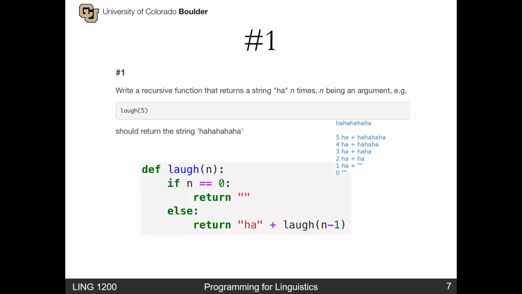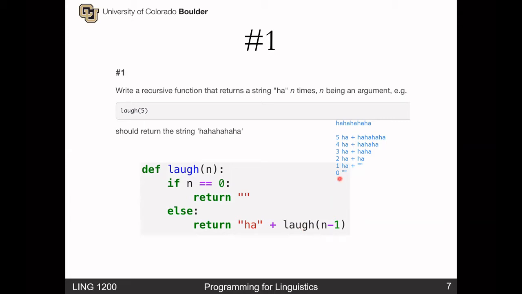And this is how it looks in code. So we see that a recursive call creates a ha, uses a string concatenation, so all of this has to be a string, and then calls laugh with n minus 1.